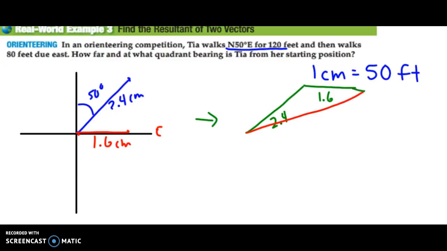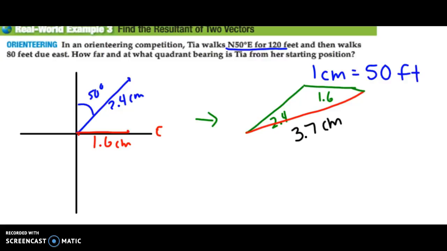Okay? And then I can take my ruler and I can measure that out. You should get somewhere in the ballpark of 3.7 centimeters. Okay, so that's my value right there, 3.7 centimeters.